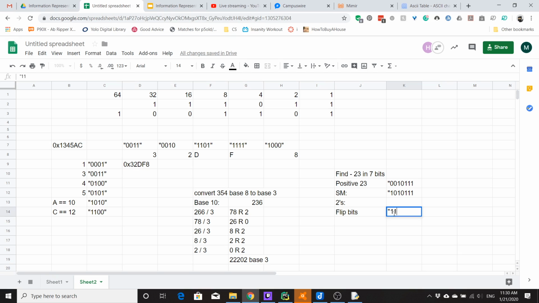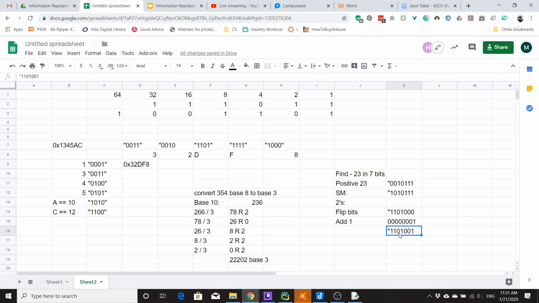We'd get 1, 1, 0, 1, 0, 0, 0. Right? Then add 1. So now over here, we would get plus 0, 0, right? 1 down there. Probably off by some number of zeros, but it's not too bad. And then so over here, when we add 1, we're going to end up with 1, 1, 0, 1, 0, 0, 1. And so that's negative 23 in 2's complement.